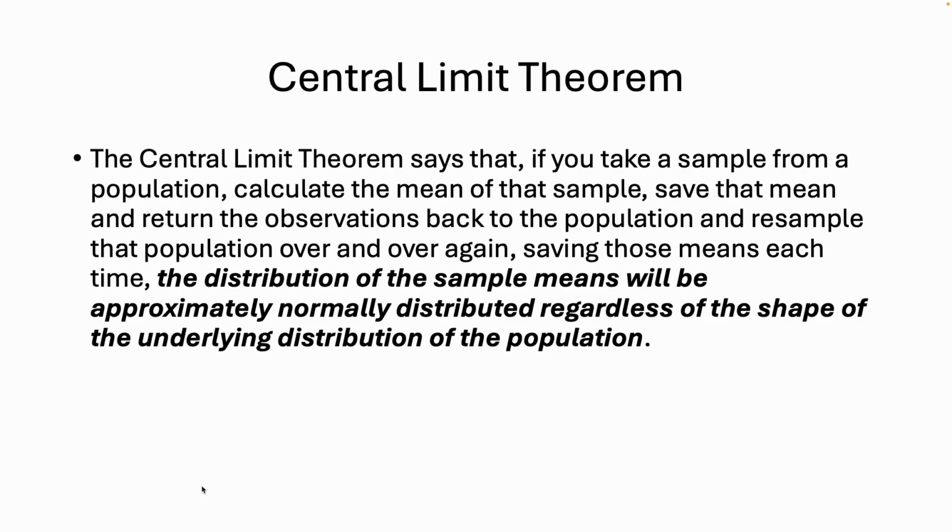It could be a normal distribution that you're drawing those samples from. It could be a bimodal distribution. It could be a skewed distribution. It could be an exponential distribution. Any shape doesn't matter. If you do this, you will get an approximately normally distributed distribution of sample means.